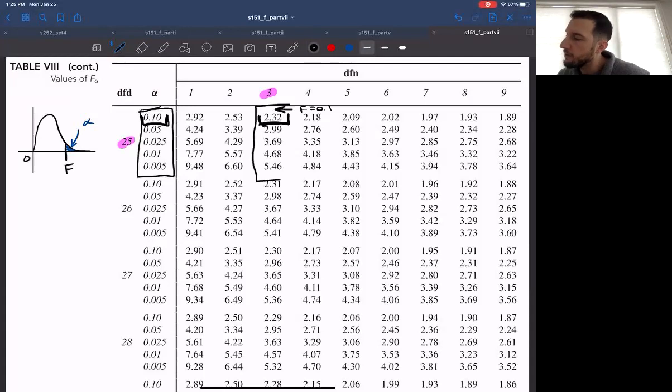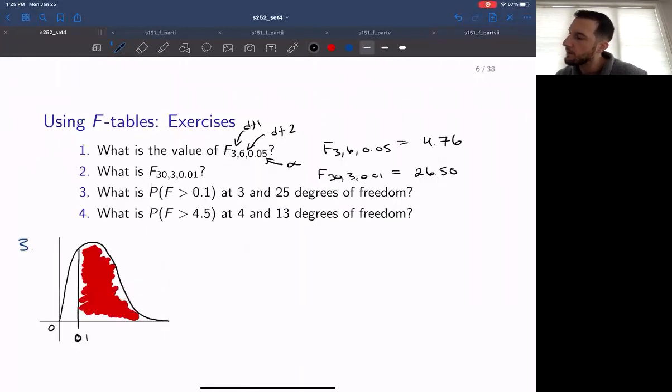So our F value is 0.1, which is smaller than 2.32. So our area to the right of 0.1 must be greater than 0.1. All we can say here, based off of the table, is that this area is greater than 0.1.